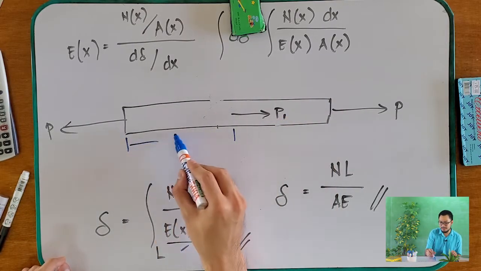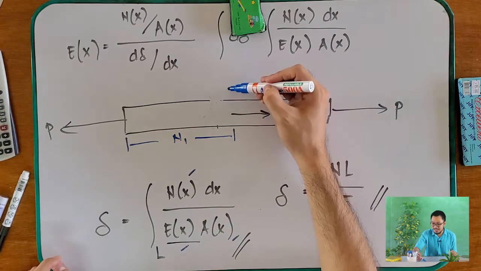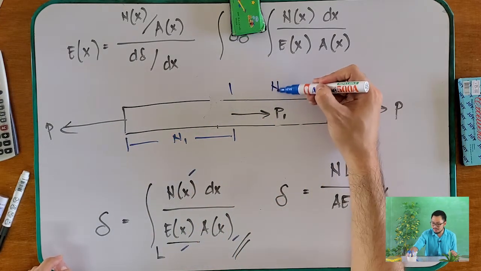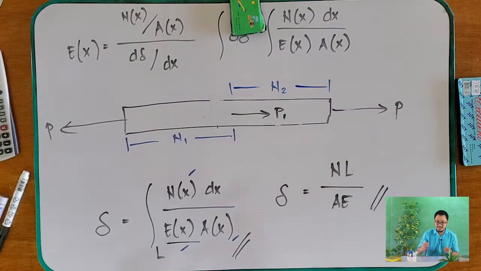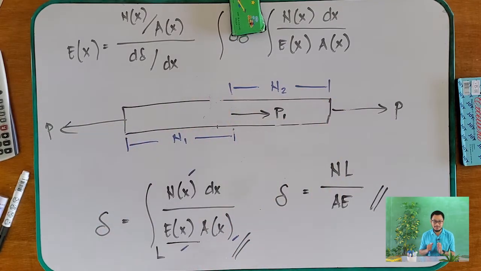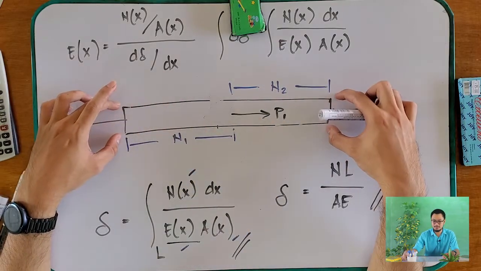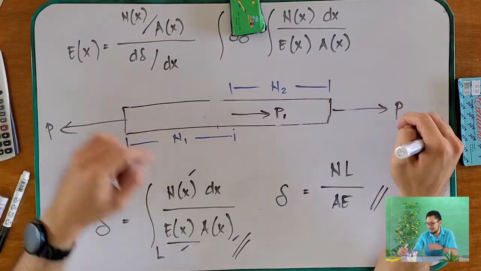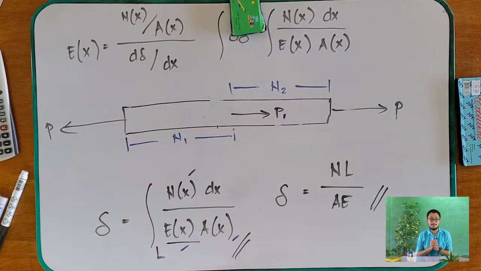That is your N1, the internal normal force, because the internal normal force will differ in this portion. Okay? And this is your L1. This is your L, and this is your L for the other portion. Okay? A is the cross-sectional area of our beam, and E is the modulus of elasticity, which is constant in your beam.